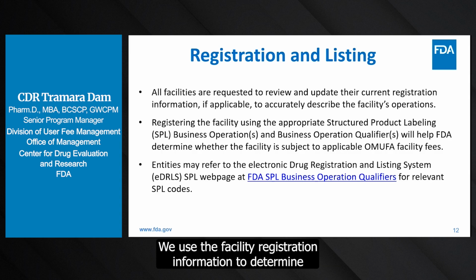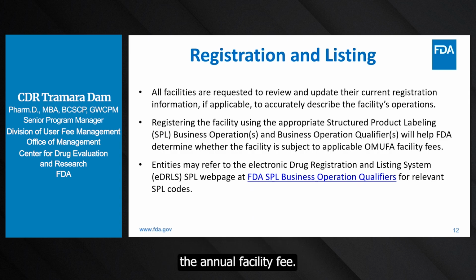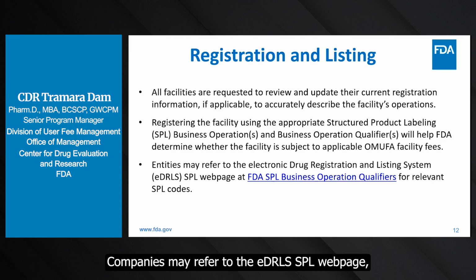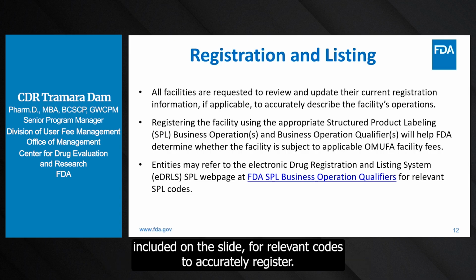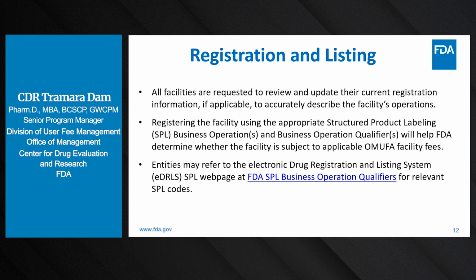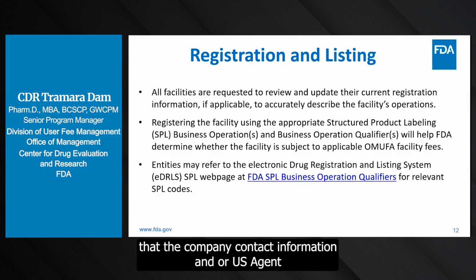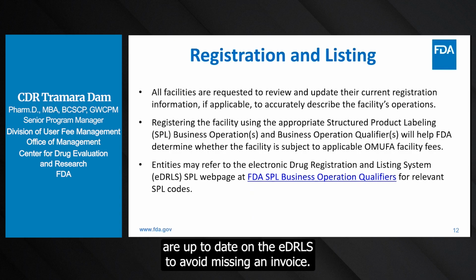We use the facility self-registration information to determine the annual facility fee. Companies may refer to the EDRLS SPL webpage, included on the slide, for relevant codes to accurately register. Finally, it is also important that the company contact information and/or U.S. agent are up to date on the EDRLS to avoid missing an invoice.